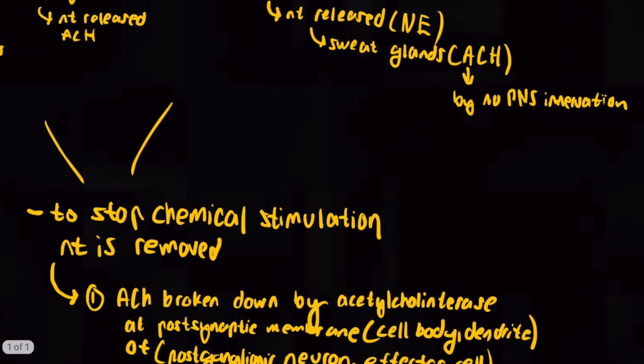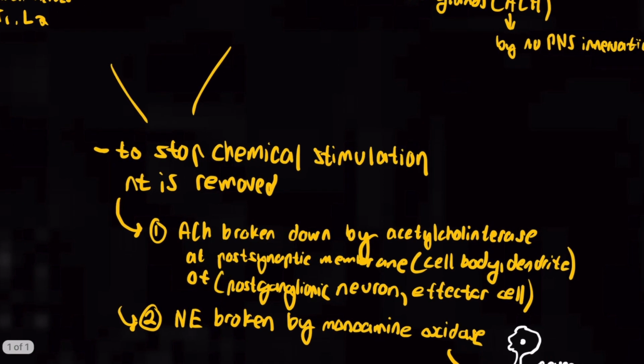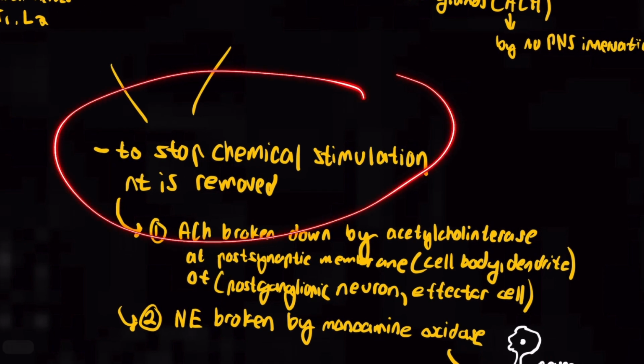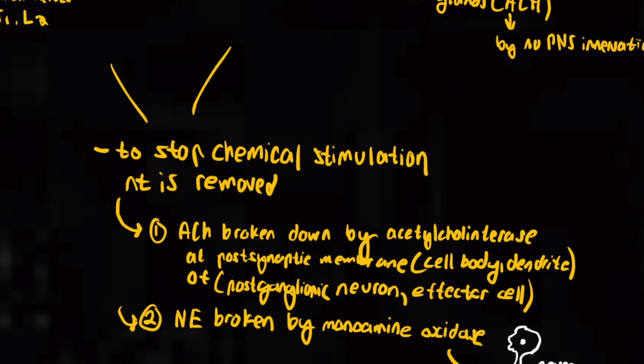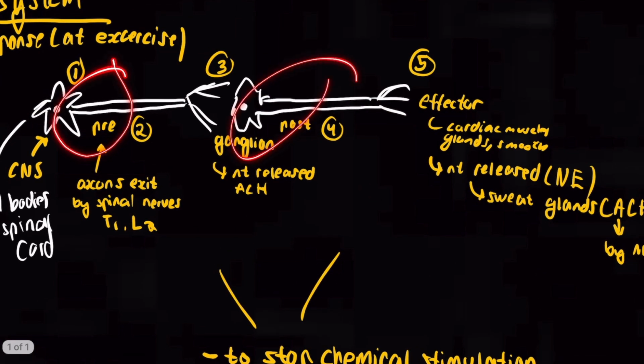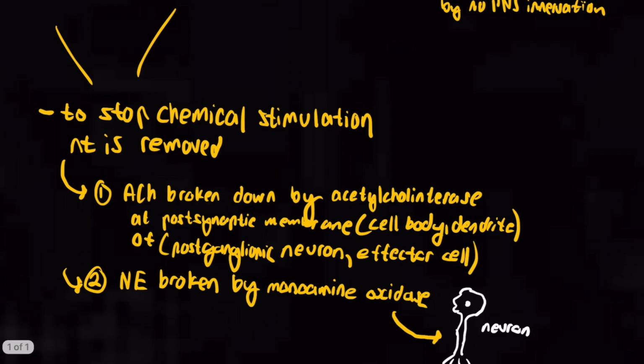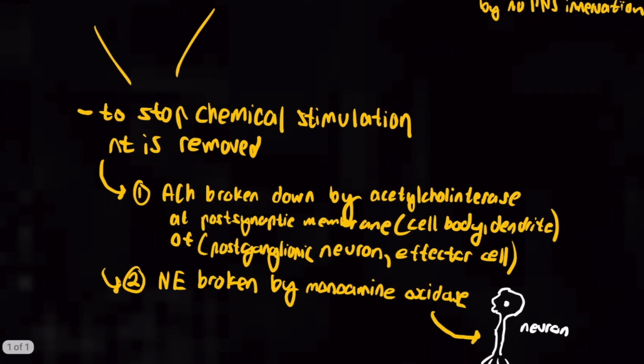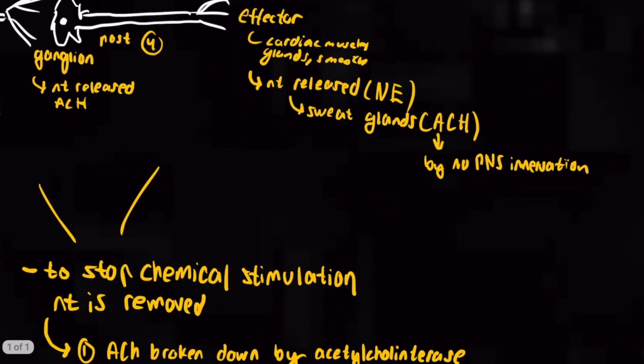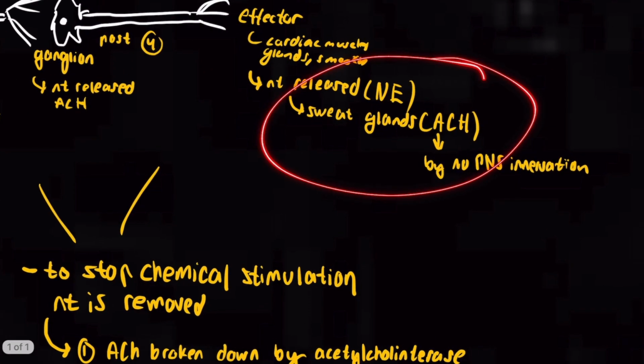Now, let's say we want to stop chemical stimulation. We want these signals to stop. Obviously, we have to stop the neurotransmitters, because this is what is being transmitted between our preganglionic and postganglionic. So we can do this by having, let's say, acetylcholine, right? Let's say here with the sweat glands.